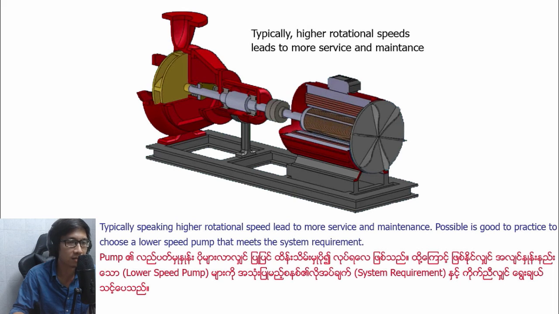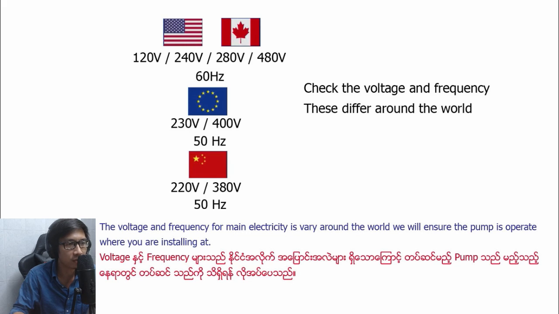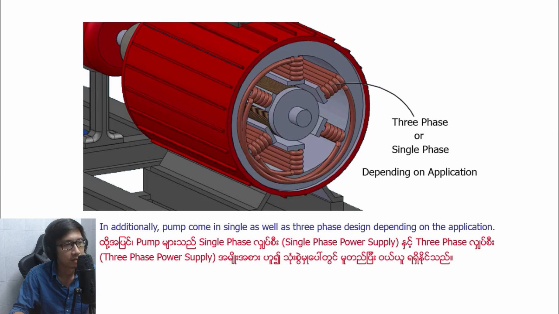It is good practice to choose a lower speed pump that meets the system requirement. The voltage and frequency for mains electricity varies around the world. We must ensure the pump is suitable for where you are installing it. Additionally, pumps come in single-phase as well as 3-phase designs depending on the application.